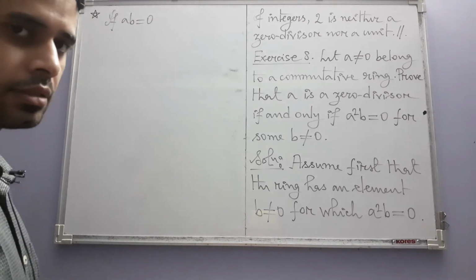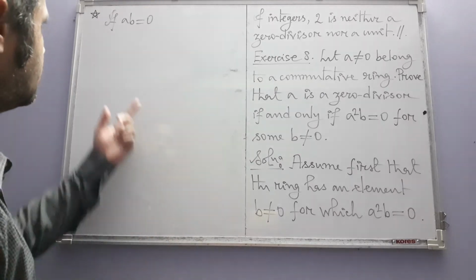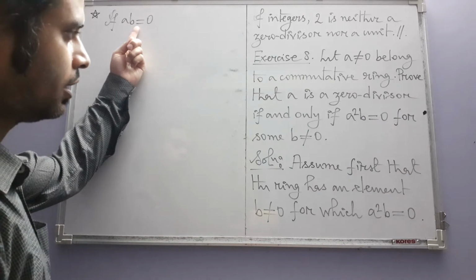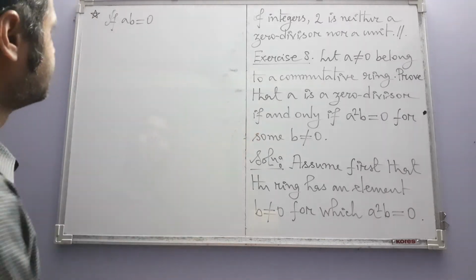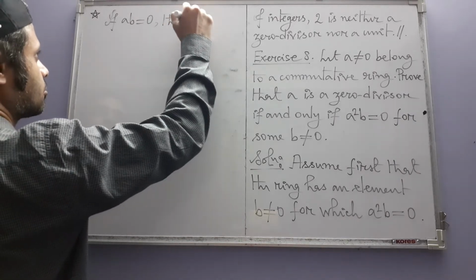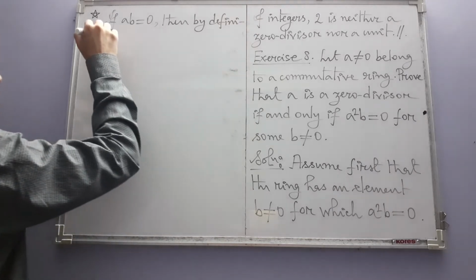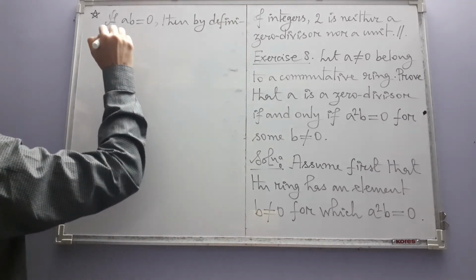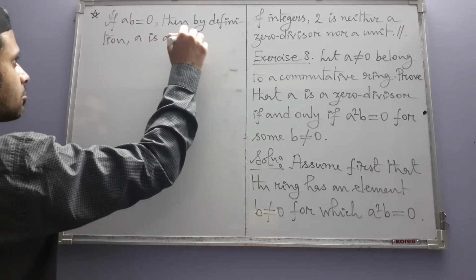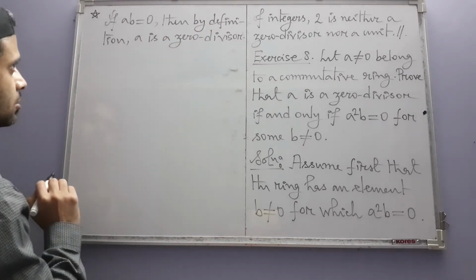If AB is 0, then automatically A is a zero divisor, because we have found a non-zero element B such that if we take the product of A and B, then we get 0. Then by definition A is a zero divisor.